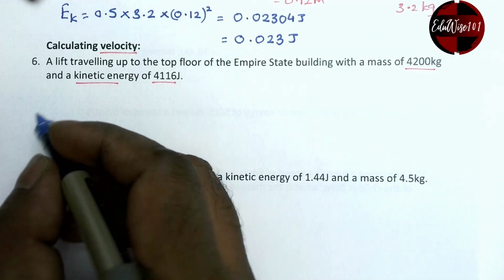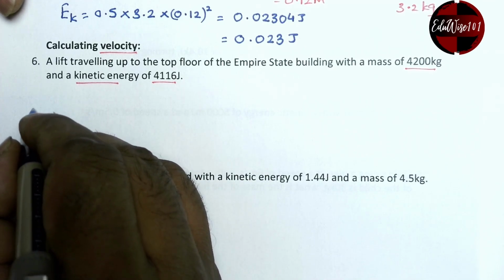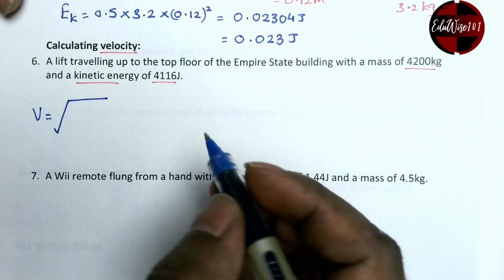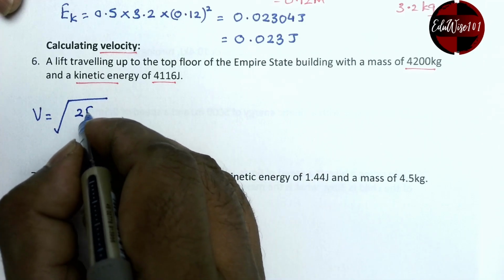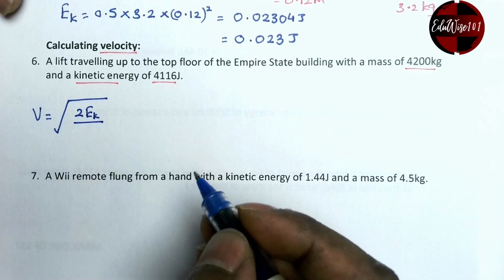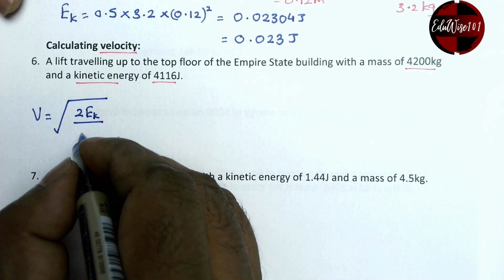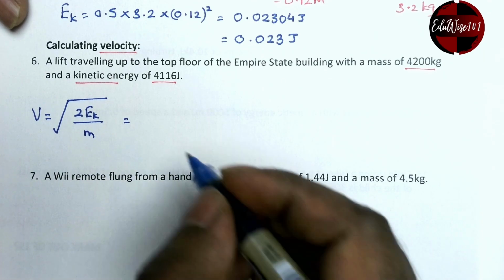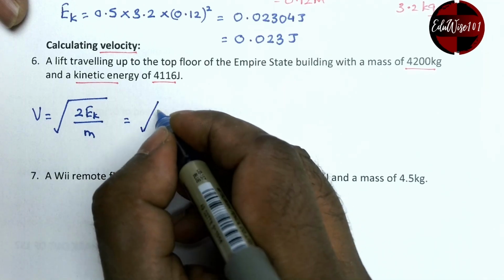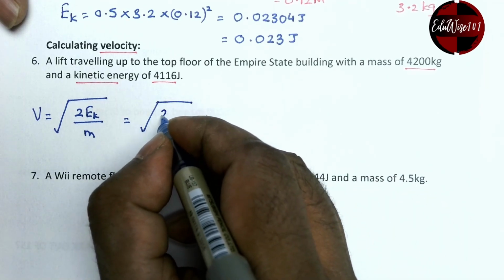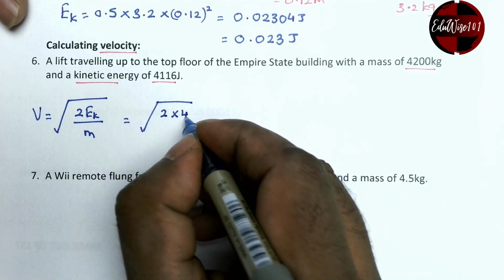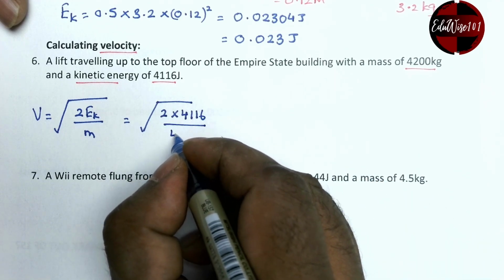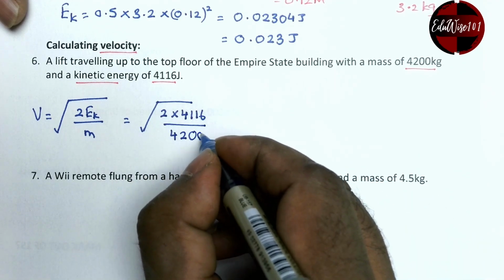Remember the equation for velocity is v equals the square root of 2 EK divided by the mass. So the square root of 2 times 4116 divided by 4200.